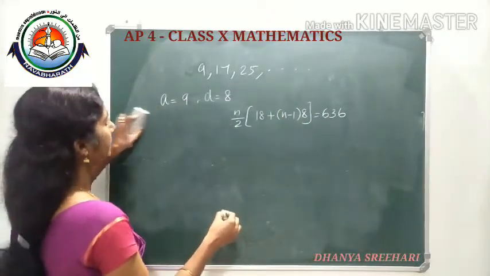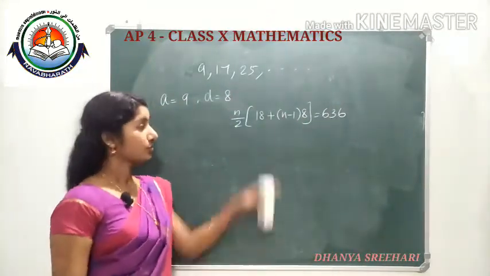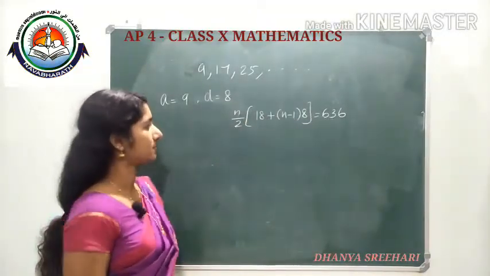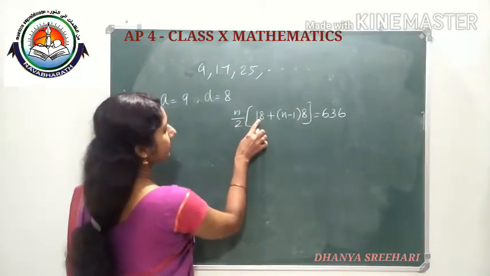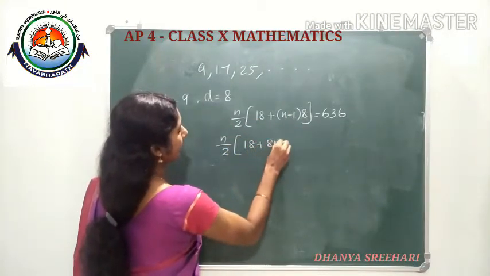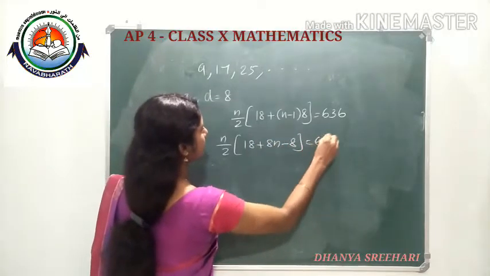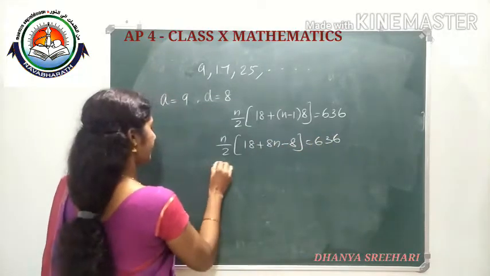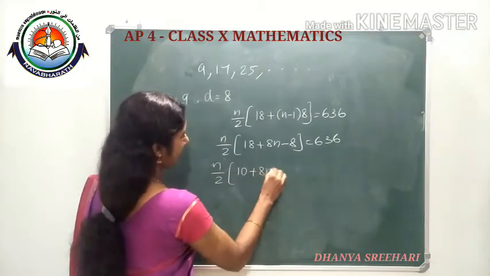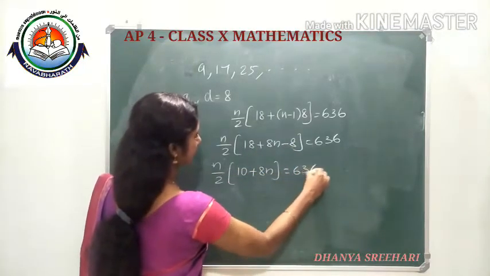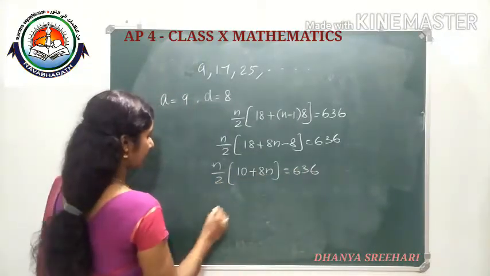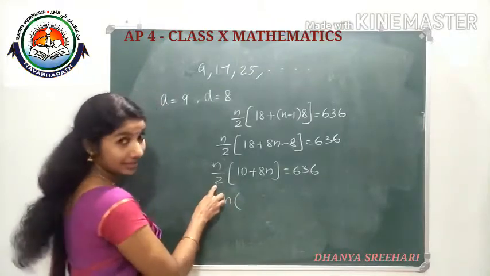So we have n by 2 into 18 plus n minus 1 into 8 equal to 636. Then we can remove the bracket: n by 2 into 18 plus 8n minus 8 equal to 636. So n by 2 into 18 minus 8, 10, plus 8n is equal to 636. 2 is a common factor in 10 and 8, so we can cancel it by dividing by 2.